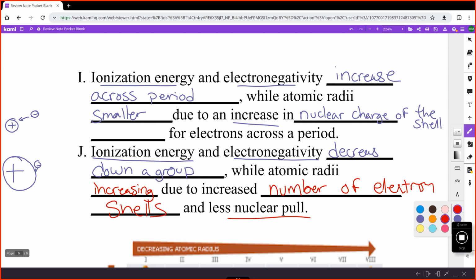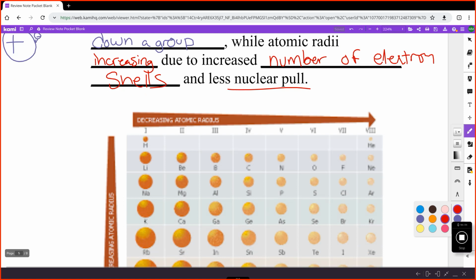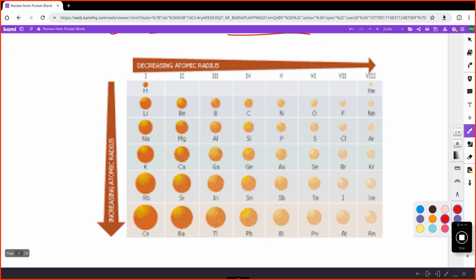Even though there are more protons, it has less pull because there are more shells it needs to pull on. Right? This picture shows it perfectly. The radius is increasing as we go down because each time we go down, an additional electron shell is being added. And that increases the size of the radius.